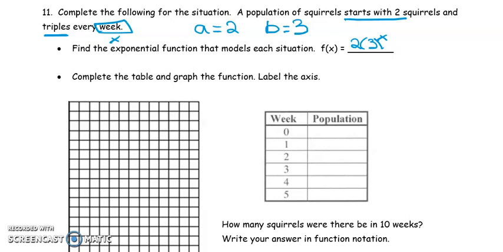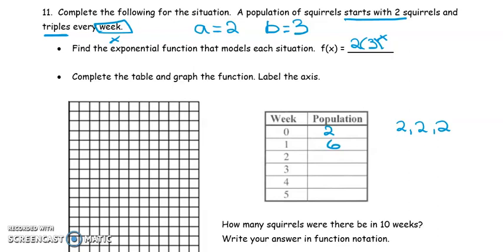Okay, from here we can fill in the population. So at the beginning, at week 0, we had a population of 2. Every single time it's going to triple. So we're going to take 2 and we're going to triple that. So that means we don't just have 2, we have 2 3 times. So that means we have 6.